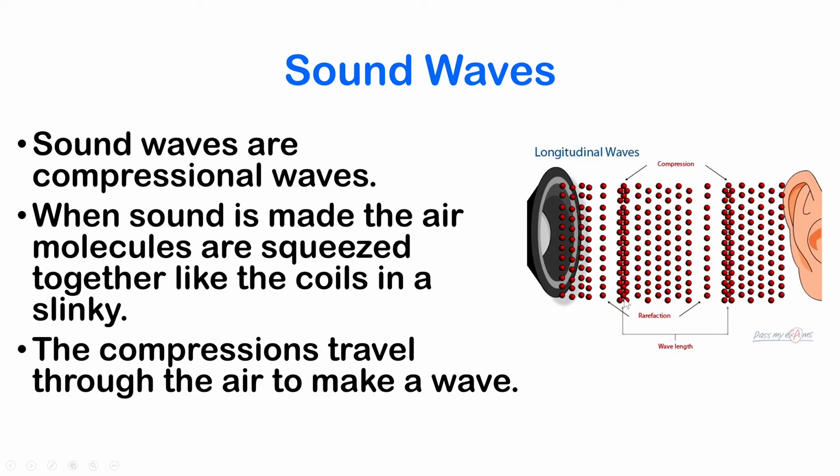And these compressional waves, one wavelength, like one peak to peak, would be from one compression to the next compression. It could also be measured by one rarefaction to another rarefaction. I just personally find it easier to recognize the compressions.